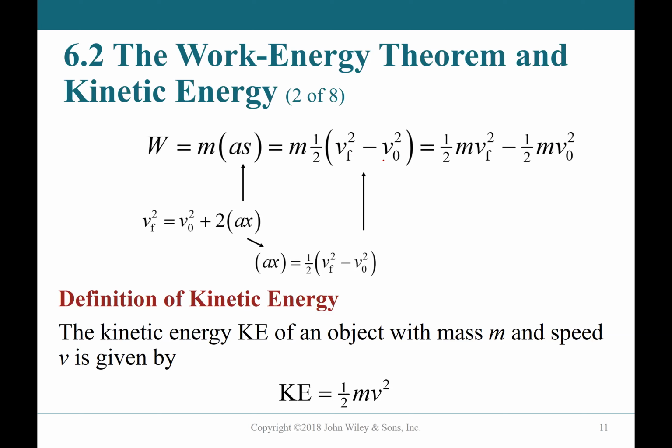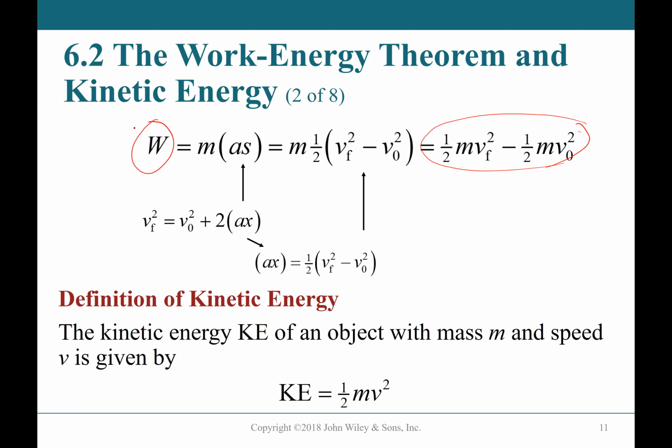And when I do that, I get 1/2 mass times velocity final squared minus 1/2 mass times velocity initial squared. And that, they say, is equal to work.